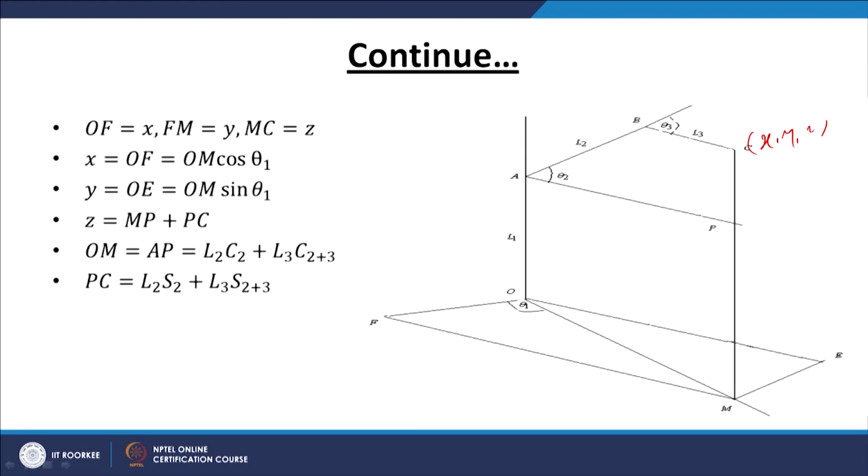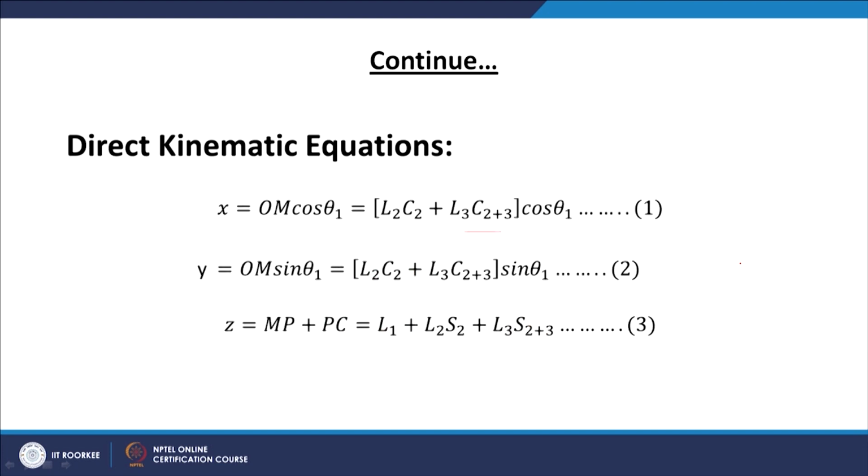If you project the xyz point to the xy plane, we get xy 0, and if you project that point further, we get x 0 0. Similarly, we get 0 y 0 as the coordinate of the projection on the y axis. Here the angles theta 1, theta 2 and theta 3 are described. So, from this geometry we can easily write the equations as given here.